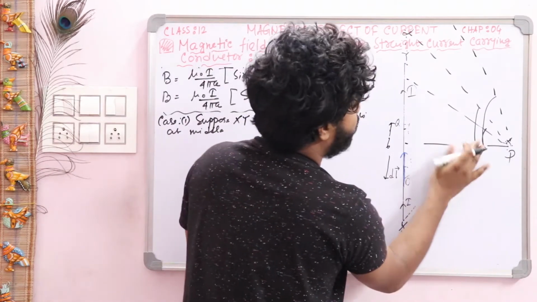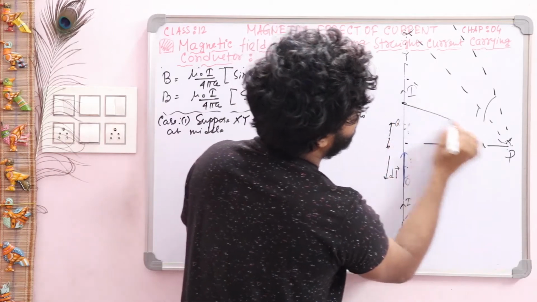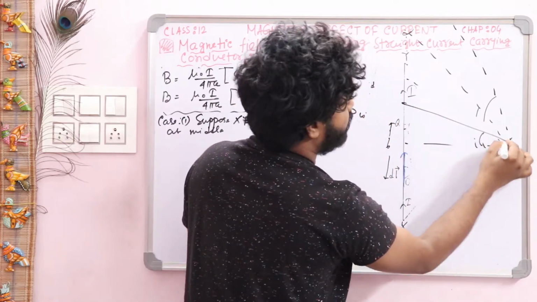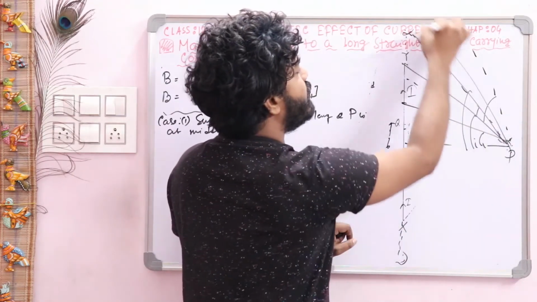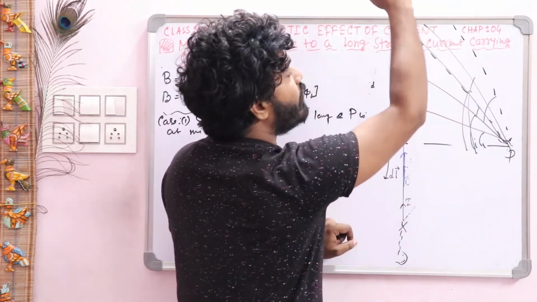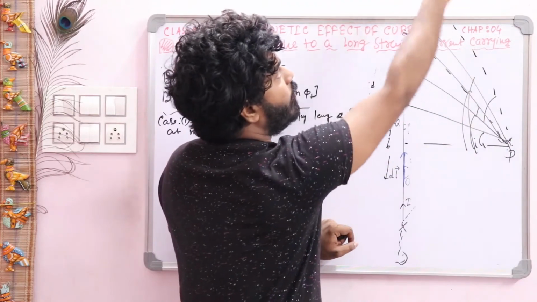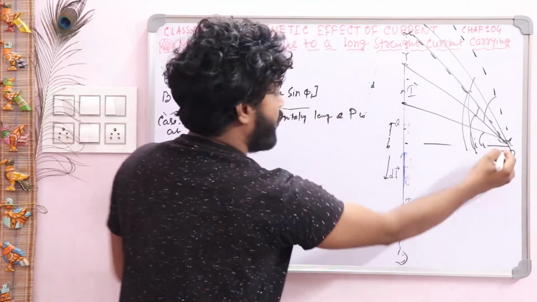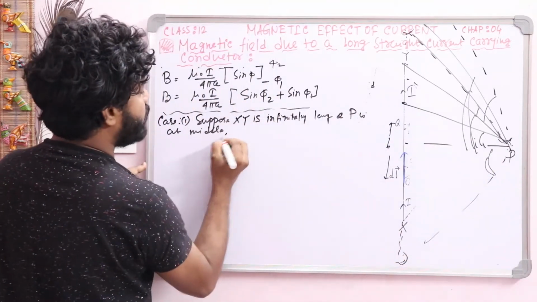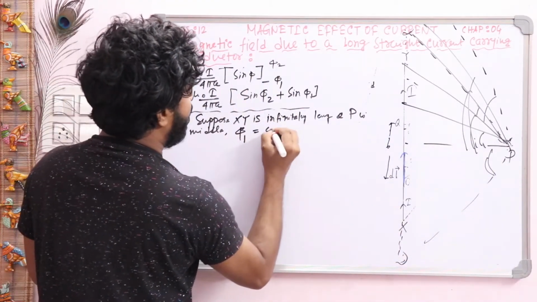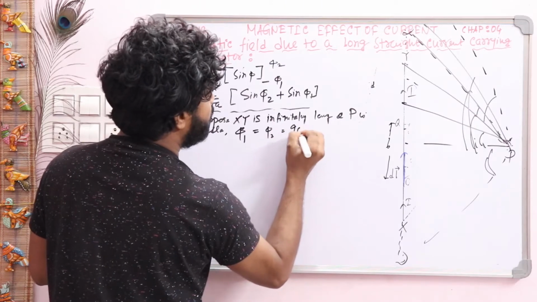You see, for this length the angle is small, for this length the angle increases, length increases, angle increases. So for an infinitely long wire the angle will be 90 degree. So here in this case this one is also the same. So for this case phi 1 and phi 2 both angles will be 90 degree.